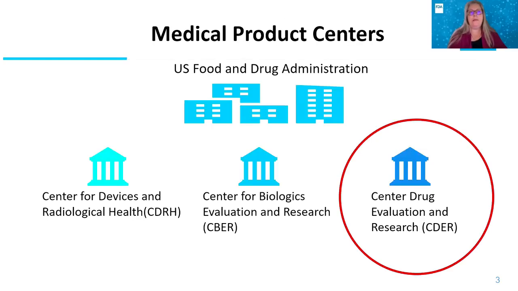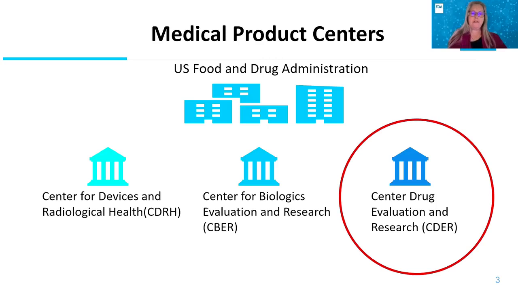So there are 3 medical product centers at the FDA, and I want to quickly introduce them to you and highlight what they each do. Our first center is the Center for Devices and Radiologic Health. They regulate a lot of things, from something as small as masks, which we heard a lot about during the pandemic, to laboratory tests, to actual pacemakers.